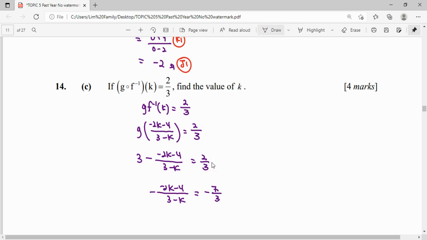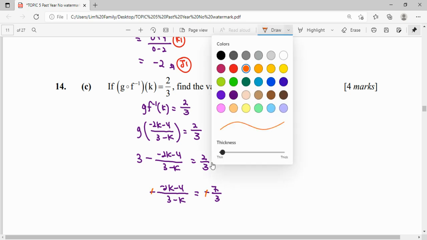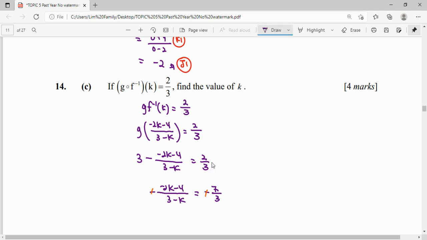Then both sides are negative, so we can simplify it. After that, we do our cross multiplying in order to find out our k. So 3 will times here, and it will become negative 6k minus 12. And then this 3k minus this 3 minus k times with 7.